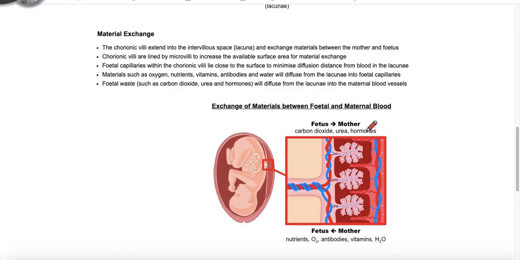Remember that one of the hormones that the embryo starts to give the mother is HCG, and then the developing fetus also does that. And when it's time for the birthing process, there are hormones that the fetus is also going to release. And then the mother is going to provide and exchange nutrients, oxygen, antibodies, vitamins, and water. And pretty much everything that the mother puts into her body, the fetus is going to absorb.